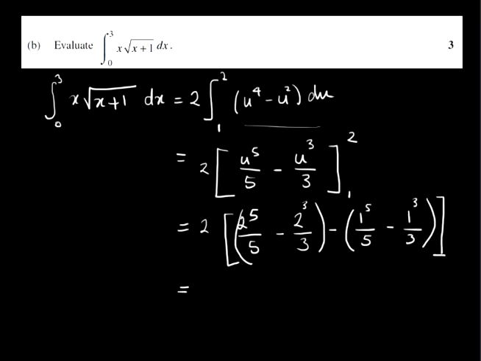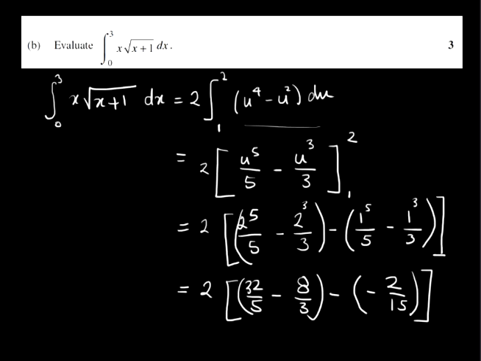And this is going to equal 32 on 5 minus 8 on 3 minus negative 2 on 15.